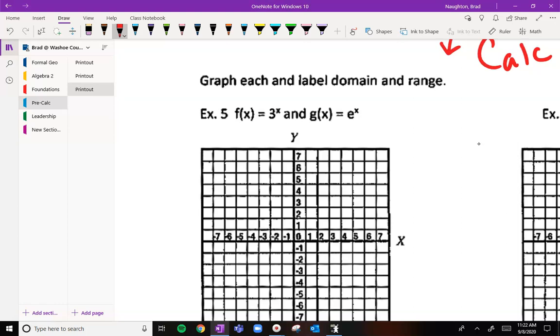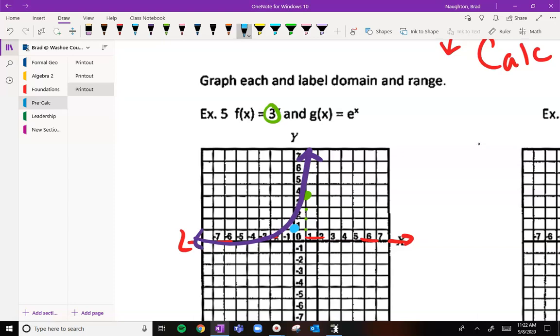So this is 3, notice there's no k, so my asymptote is at 0, my crucial point is at 0, 1, and then because it's growth, I'm going to go over 1, up 3. Boom. Super easy once we do this by hand. I crossed my asymptote.